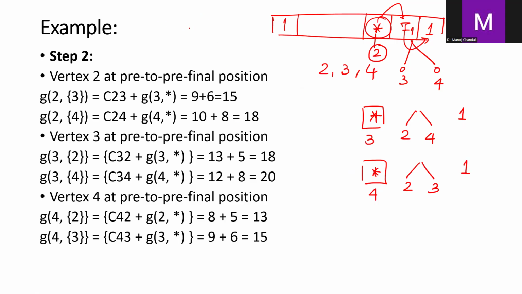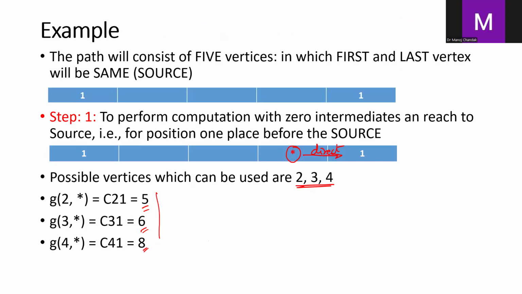So if I try to make it more proper, and if I write again, this is 1, this 1, and I don't know what I should write here, but if I am writing 2 here, then I cannot write 2 because a vertex cannot be repeated. So if I'm writing 2, the possible options to write at this point are either 3 or 4. So look at what we have done here.